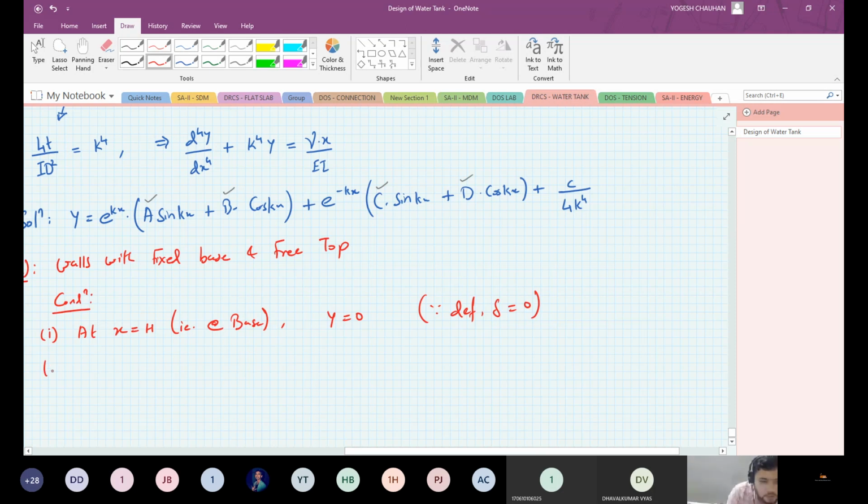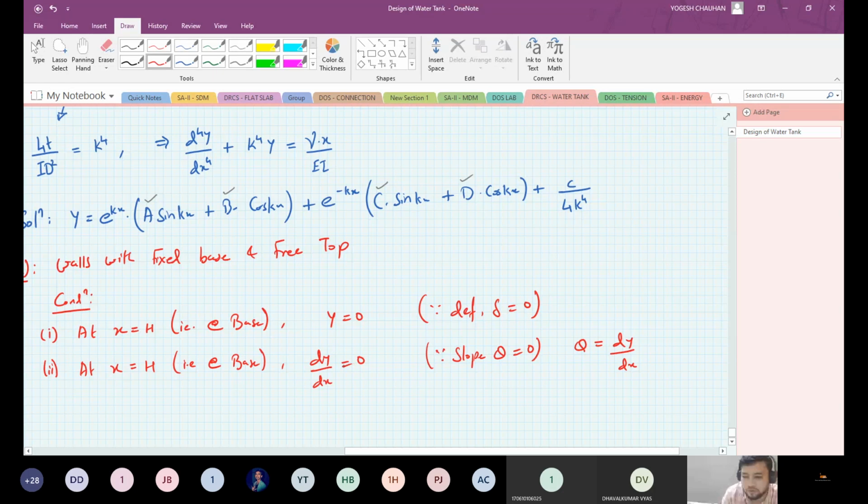Second condition is at x equals h, again at base, your slope is 0. Slope theta is 0. Now slope can be written as, you remember, slope is nothing but the first derivative of deflection. So it is dy by dx equal to 0.